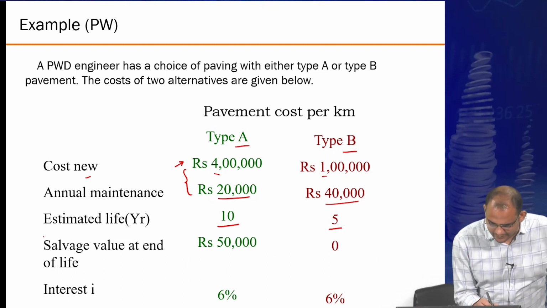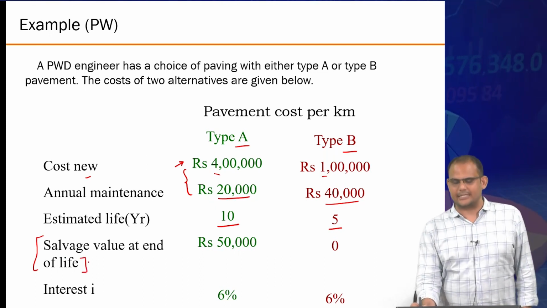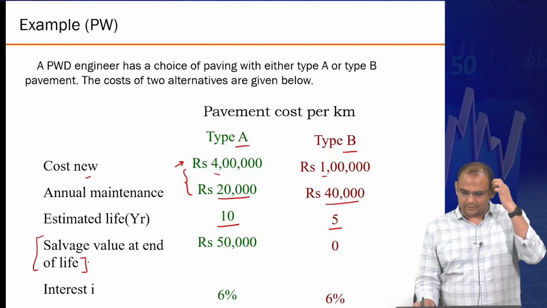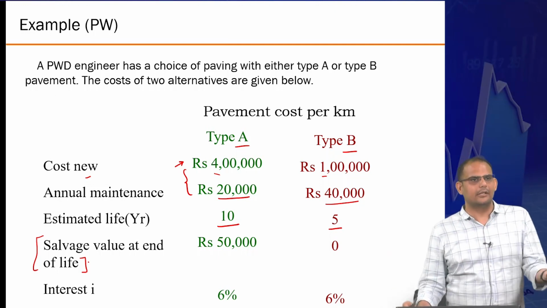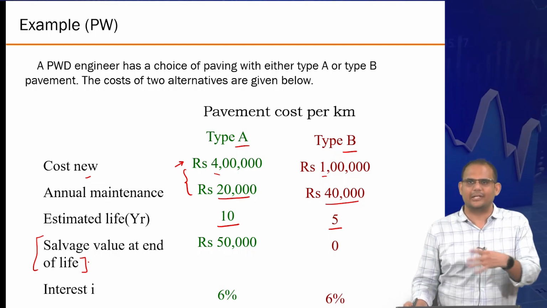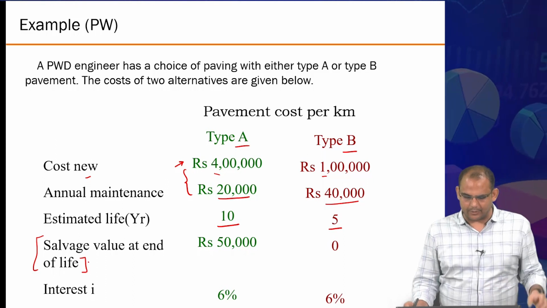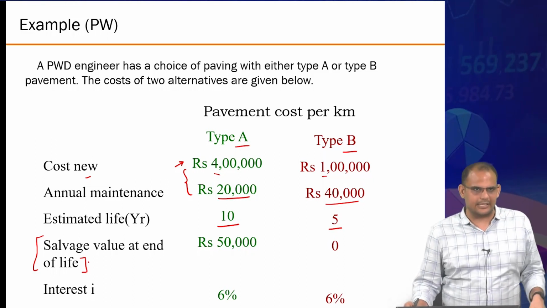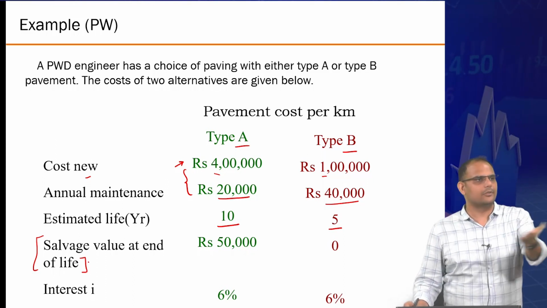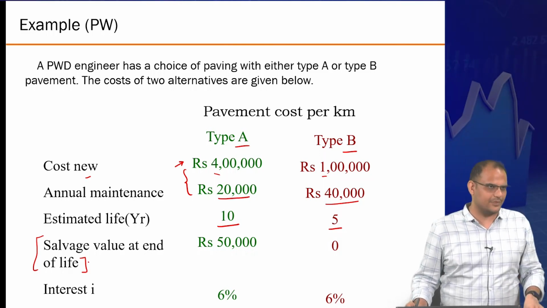The salvage value, which I also gave you an example of in the assignment, is essentially the value at the end of the service life that you will get back, right? Could be because of material recovery, could be because of other things. Maybe in the type A road, you have put some steel bars, and after you recover and sell them, you get some price value, right?